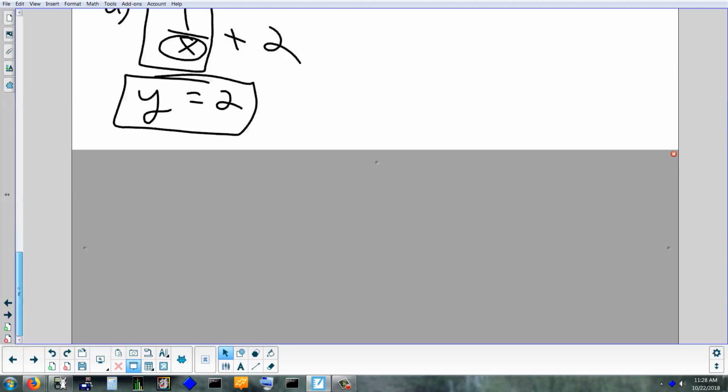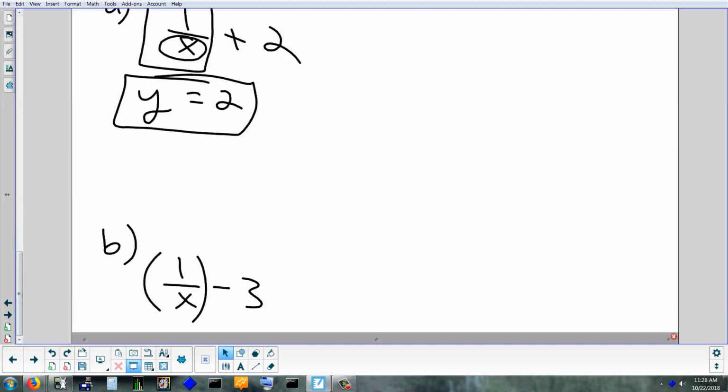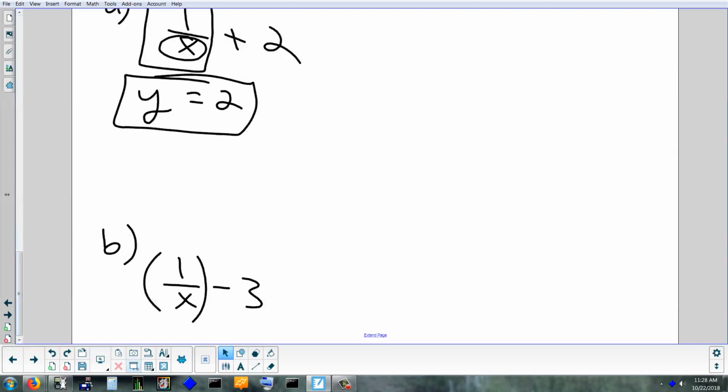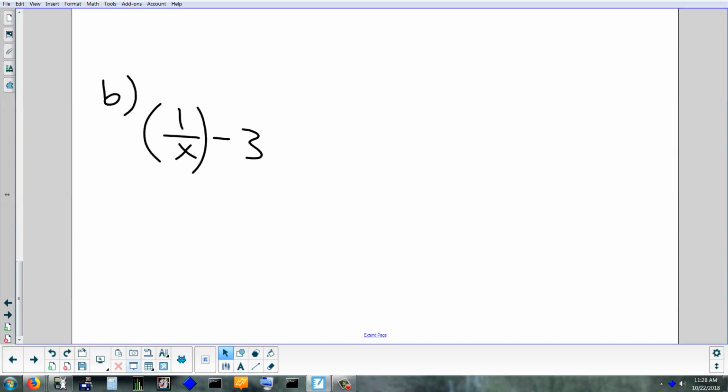All right, so let's look at this one. 1 divided by x minus 3. As x gets really, really big, or really big negative, positive or negative, what is this going to get closer and closer to? Again, pretend x is 1,000,000. If you plug it in, what do you get? Basically negative 3.